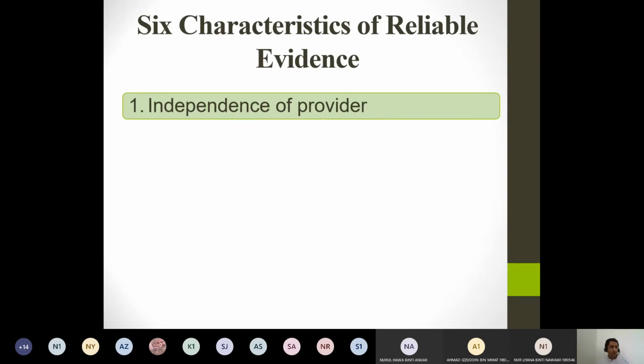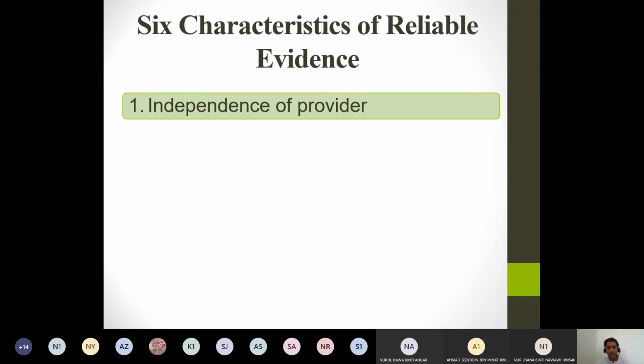If the evidence comes from the bank, like a bank statement, or from the customers or suppliers, it will be more independent. So the independence of the providers is one of the characteristics of how reliable the evidence is.